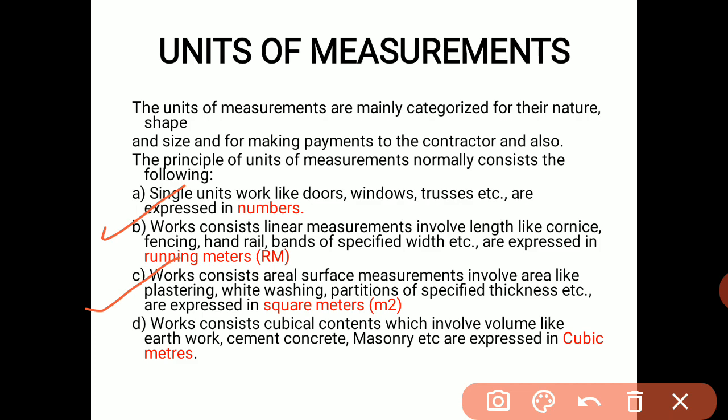In areal measurements, it may be height, width and length or vice versa. Where thickness and height don't matter that much, those items are measured in square meter. Then the work consisting of cubic contents involving volume, like earthwork.